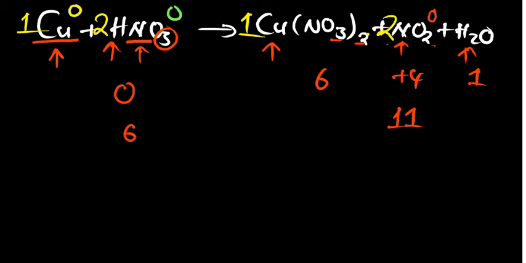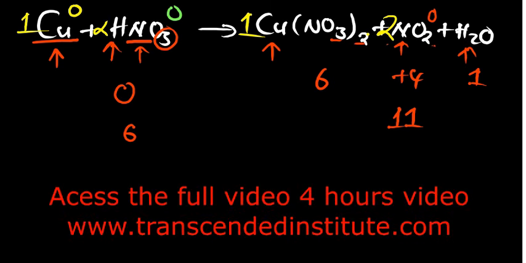What can we do to try to balance it up? Observing that we have 11 on the other side, and on this side we have 6, it would be much better if we try to double there. So if we make it from 2, we can make it 4.